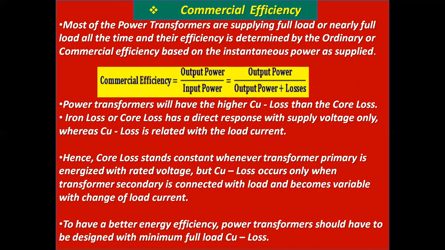Hence, core loss stands constant whenever transformer primary is energized with rated voltage, but copper loss occurs only when transformer secondary is connected with load and becomes variable with change of load current. To have a better energy efficiency, power transformers should be designed with minimum full load copper loss.